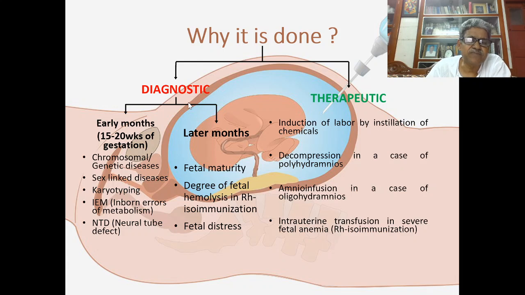The diagnostic purpose is followed at two stages. One is at the early months. What is meant by early months? Around 15 to 20 weeks of gestation. At that early stage, the diagnosis is for the estimation of chromosomal or genetic diseases. What type of chromosomal and genetic diseases?